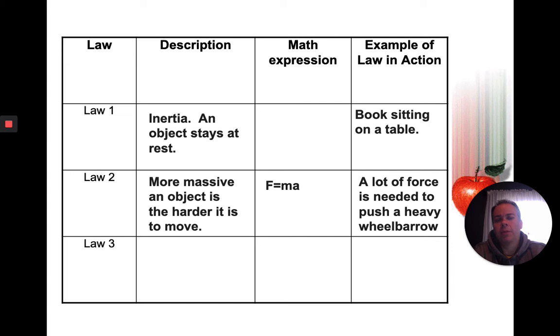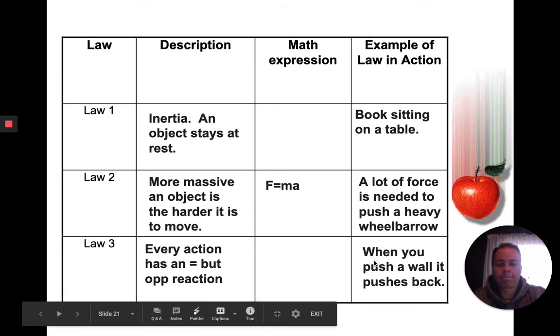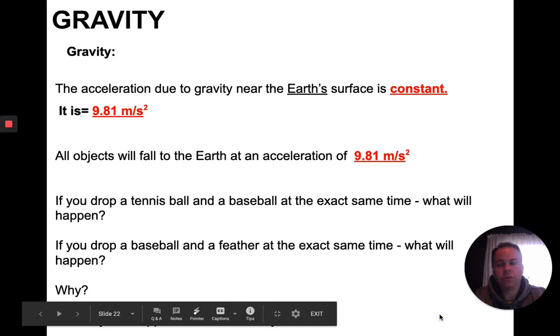You have to apply much lower force because the mass is less. Newton's third law: every action has an equal and opposite reaction. Okay, you push against the wall, the wall pushes back on you. So those are Newton's three laws.